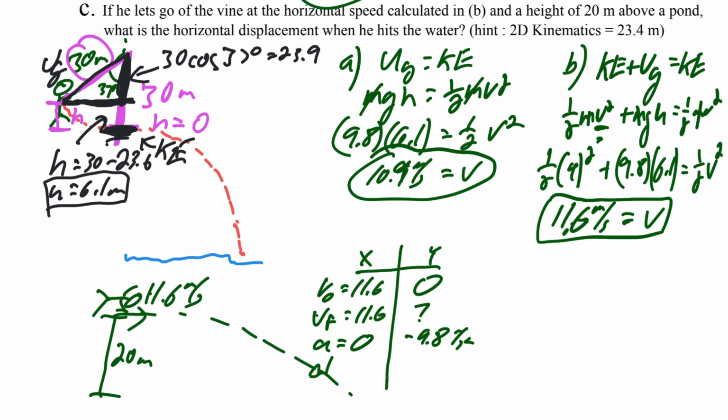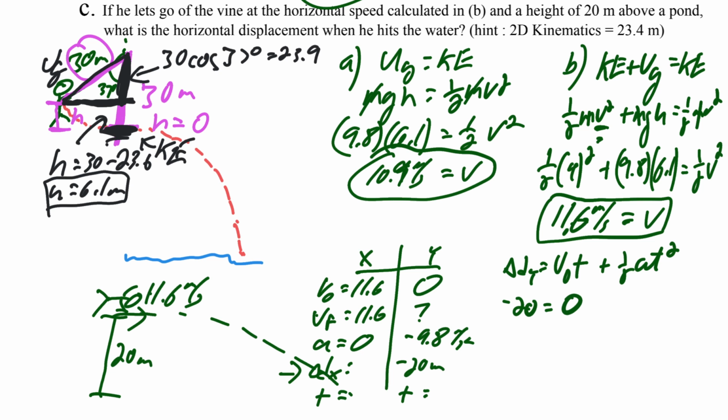The displacement in x is what we're looking for, and the displacement in y is negative 20 because they're falling. And then we're going to look for time. Well, we're actually looking for dx, but we have to find time first. So let's do the y direction first. We'll go dy equals v0 t plus 1/2 a t squared. So this would be negative 20.